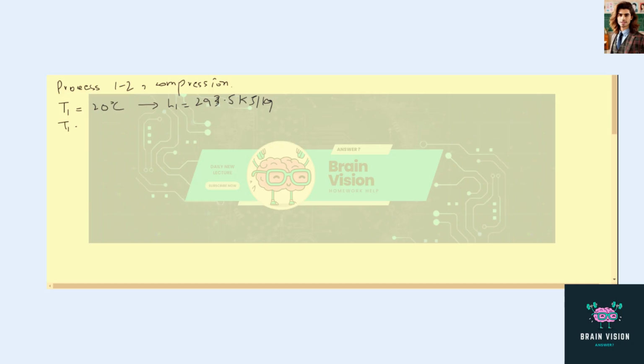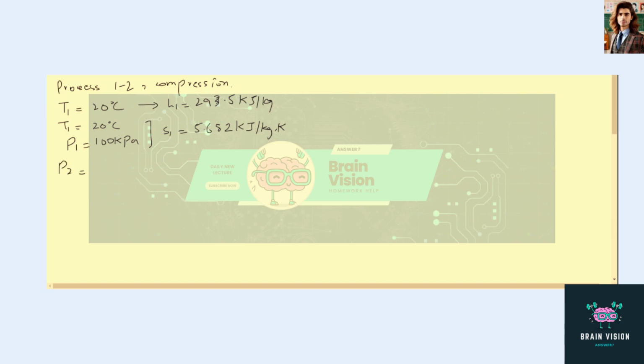At temperature T1, 20 degrees centigrade, and pressure P1, 100 kilopascal, the value of entropy S1 is 5.682 kilojoule per kg K.